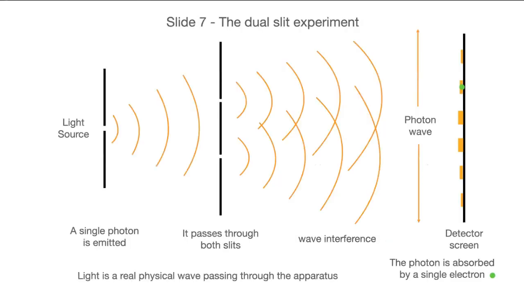Now this experiment, the dual slit experiment, is a very revealing experiment in the sense that it is a good experiment to look at and describe in the context of any fundamental theory of the very small.